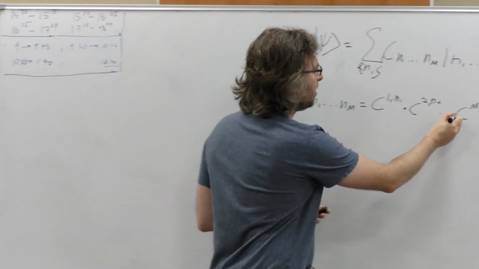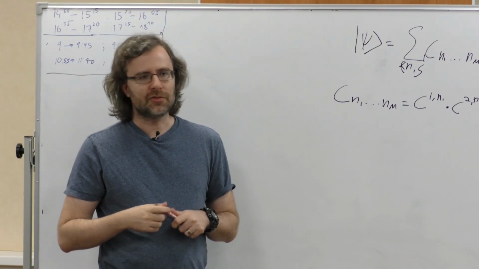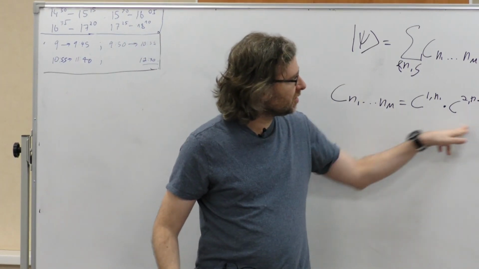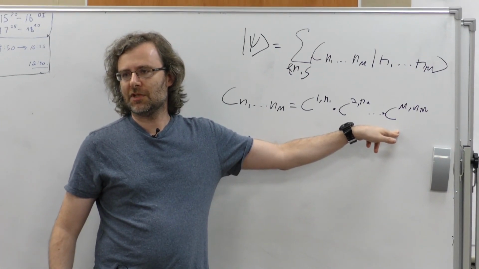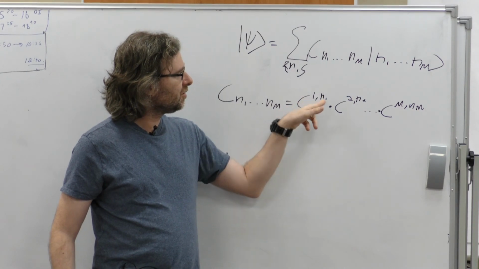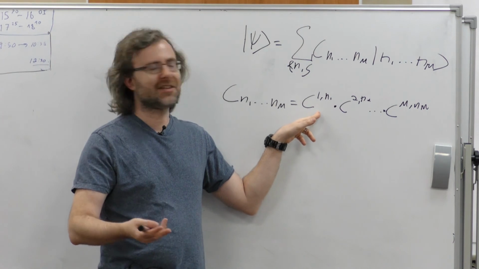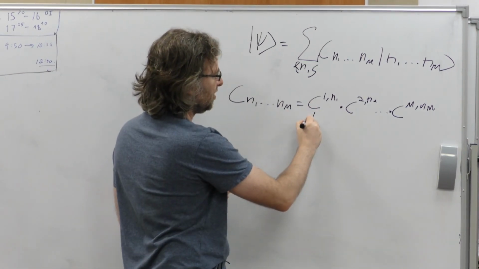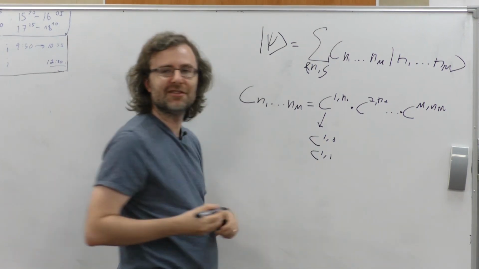Okay, so let's think about what this is doing for a moment. So first of all, how many numbers do I need to represent this thing? Okay, for each site I have a number for each value of the index. So C1 can take, this actually means I have C1 0 and C1 1, right?